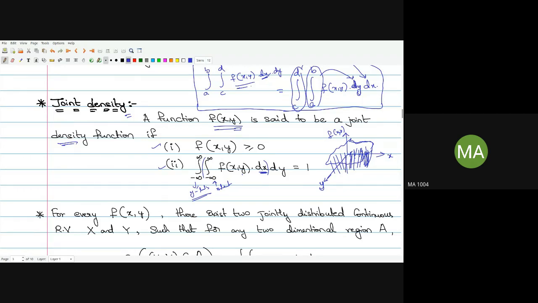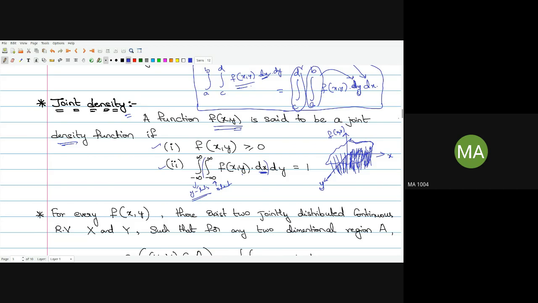So the volume under this region should be equal to 1. It is slightly clumsy, since I am showing 3D in 2D and you are seeing it on a 1D screen. It is a volume, and this integral is nothing but the probability. So the volume under the curve will give us the probabilities.